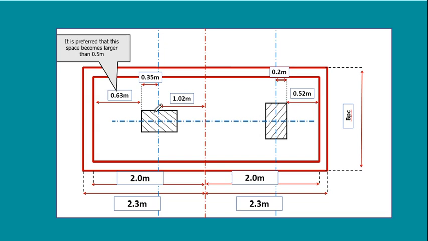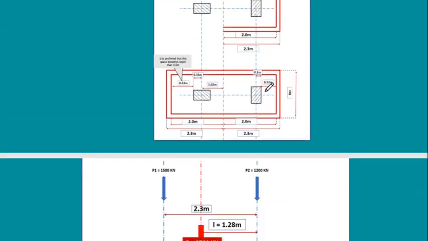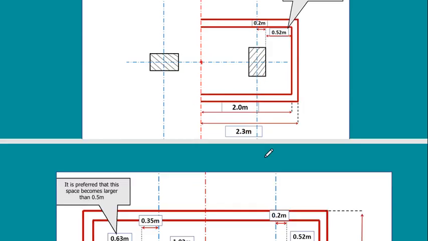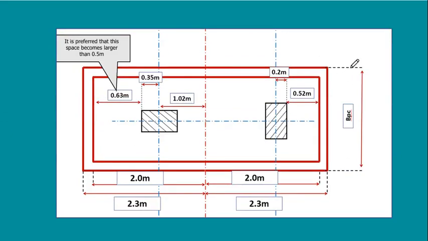So this is my dimension, and I knew the other dimension here. The other dimension is given here. B is 3.95. So this is the B of the plain concrete. So I also know the plain concrete. From here to there, this is the B of the plain concrete. From here to there, this is the L of the plain concrete.